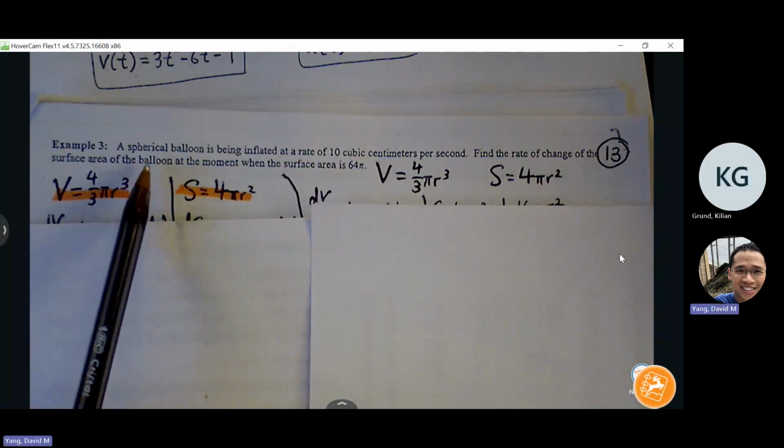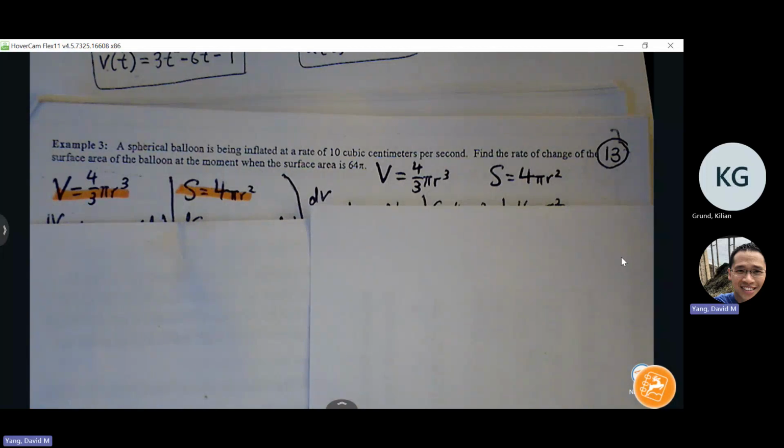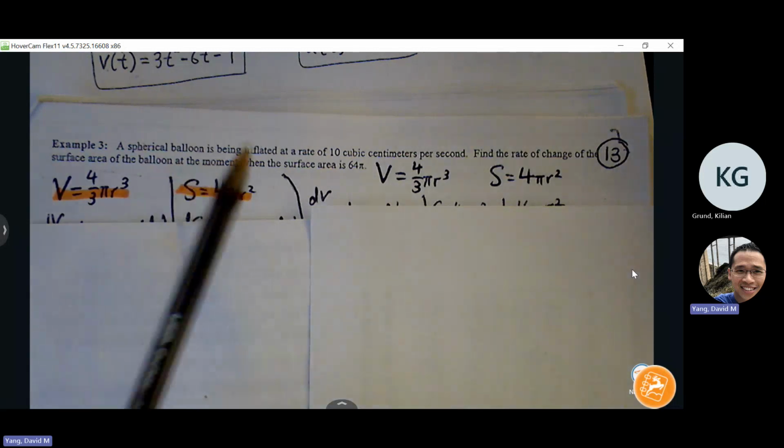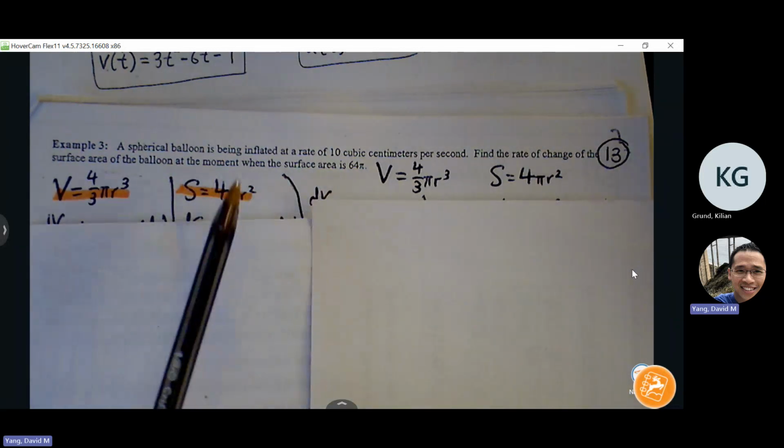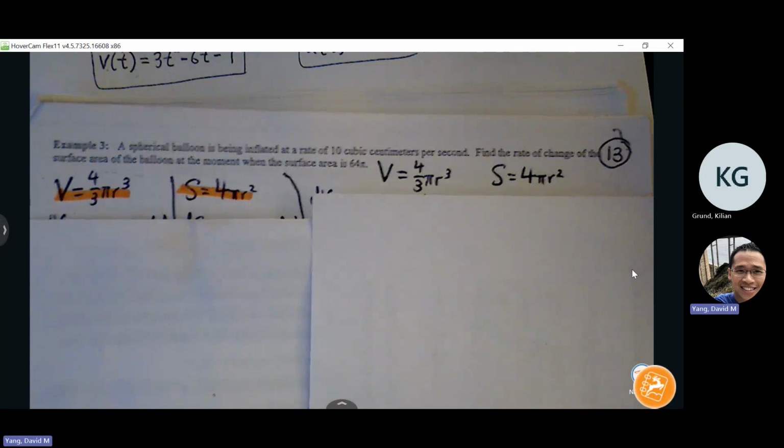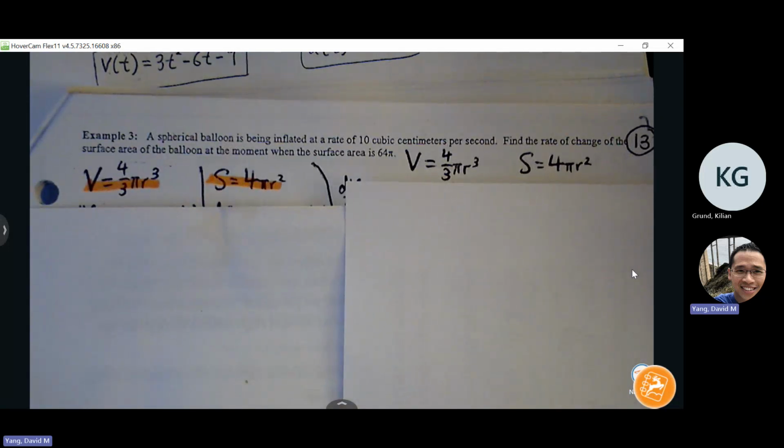A spherical balloon is being inflated at a rate of 10 cubic centimeters per second. Find the rate of change of the surface area of the balloon at the moment when the surface area is 64 pi. So I'll give these formulas to you if these problems show up.